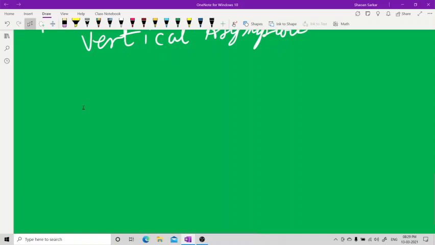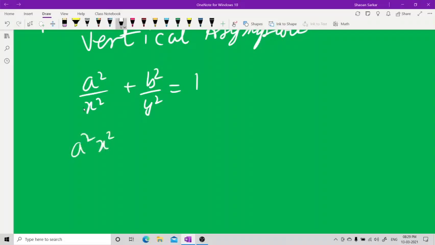Let us have a square upon x square plus b square upon y square equal to 1. Cross multiply: a square y square plus b square x square is equal to x square y square.